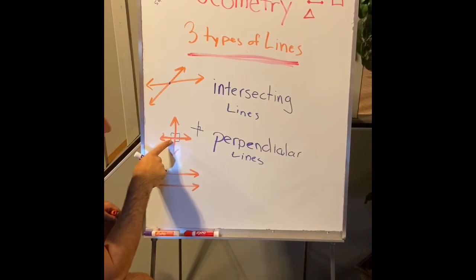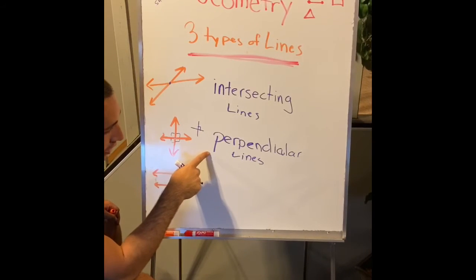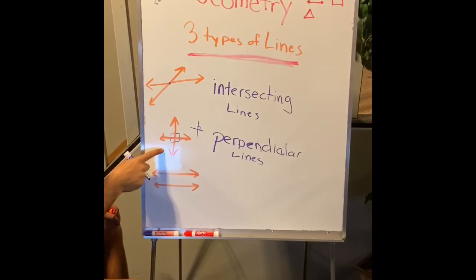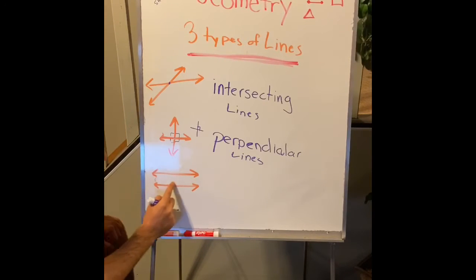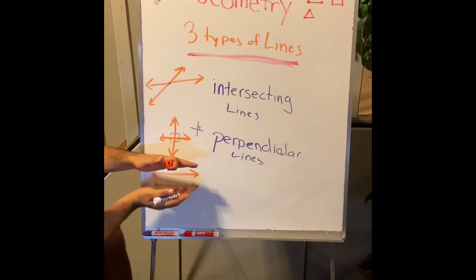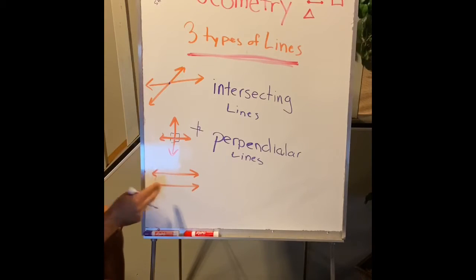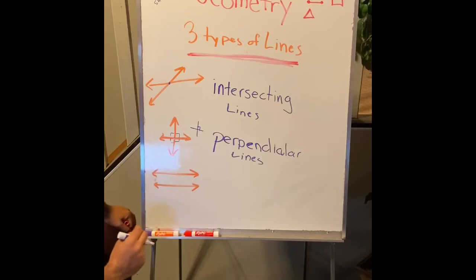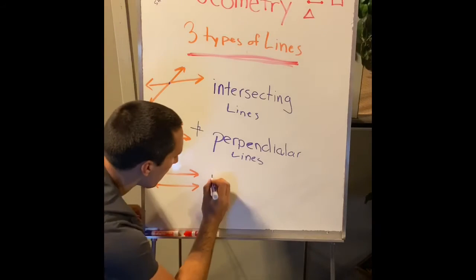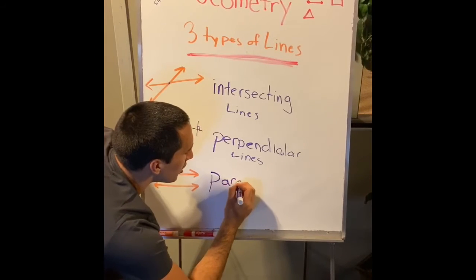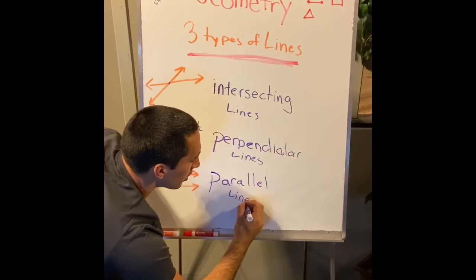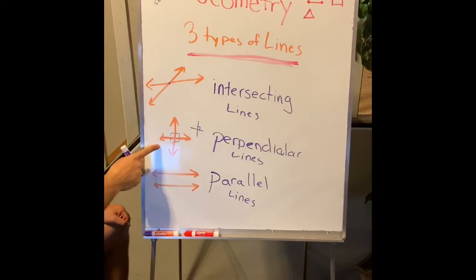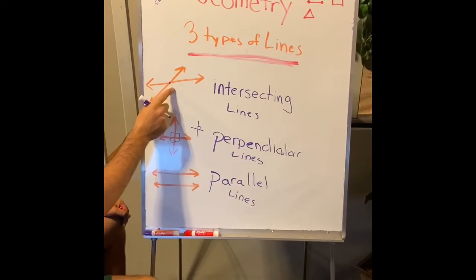When they form right angles, they are called perpendicular. Intersecting, perpendicular. Now the next set of lines never cross. These two lines will never meet each other. They stay the same distance apart. They are called parallel lines. Parallel lines, perpendicular lines, and intersecting lines.